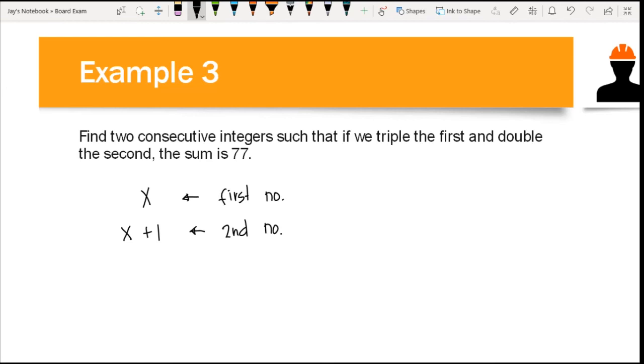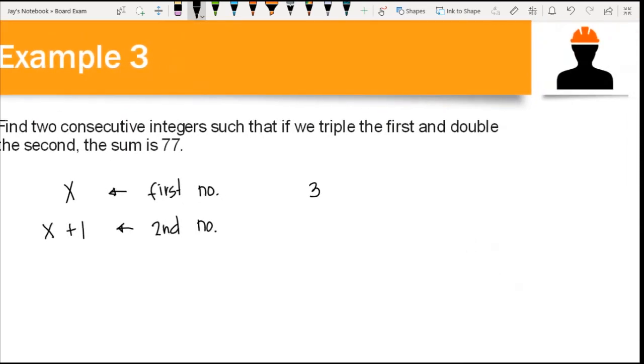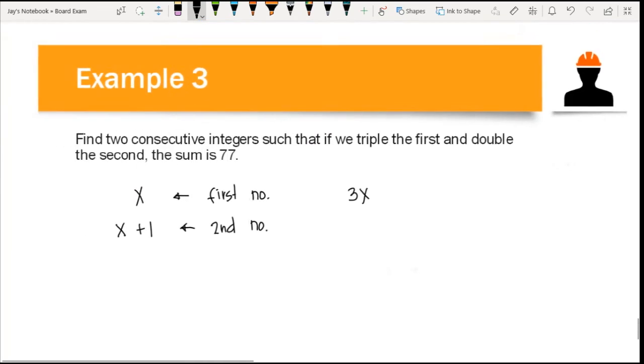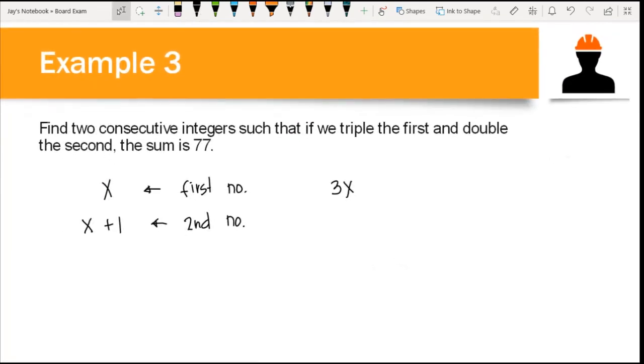Okay? So we can now proceed to the second condition, in which if we triple the first, that means if we multiply the first number by 3, so we have 3x, correct? That is from the condition. And then double the second, so we have 2 times x plus 1.